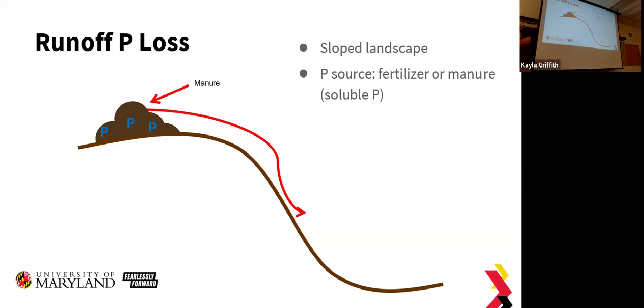There is a source of P on the surface. And when it is exposed to a precipitation event, for example, that phosphorus actually dissolves out of that source and is lost from the field that way. So that turd, for lack of a better term, that manure may still be on the field, but that phosphorus is dissolved out of it and it's gone, all right?